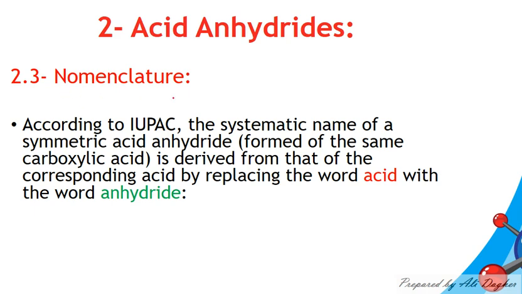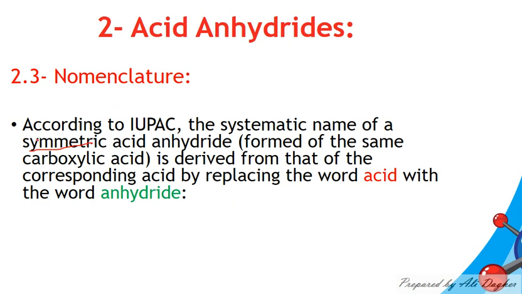If R and R' are identical, that means this acid anhydride is formed from the same carboxylic acid, as we will see in the preparation, then the acid anhydride is called symmetric. When R and R' are not identical, different alkyl groups, the acid anhydride is called mixed. It is formed of two different carboxylic acids.